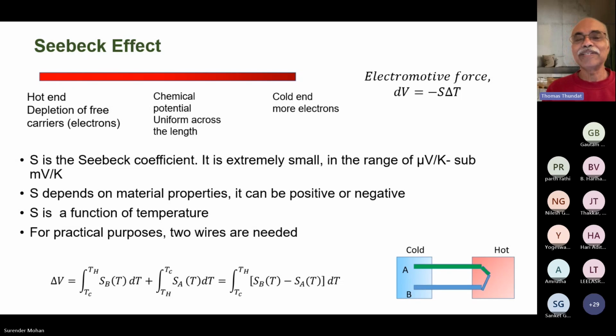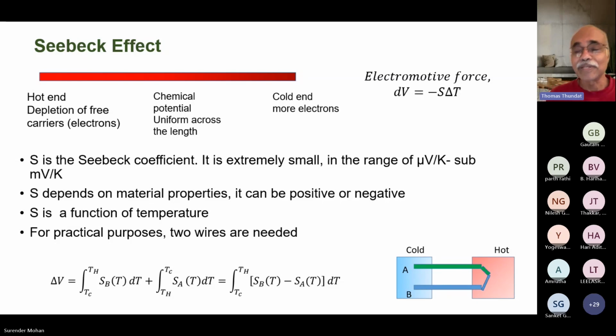The voltage difference, dV, is equal to minus some Seebeck coefficient S times the delta T. S is the Seebeck coefficient, and it is extremely small. It is in the range of microvolts per K, or sometimes sub-millivolt, much lower.